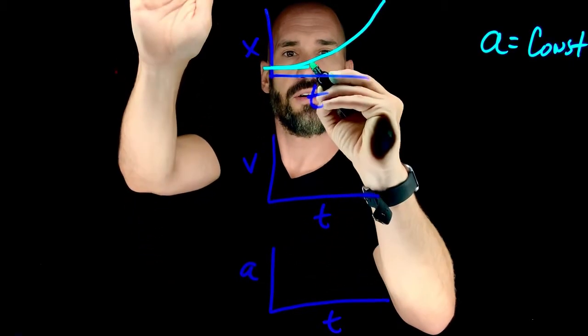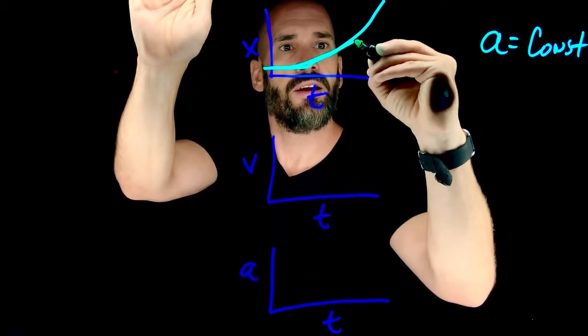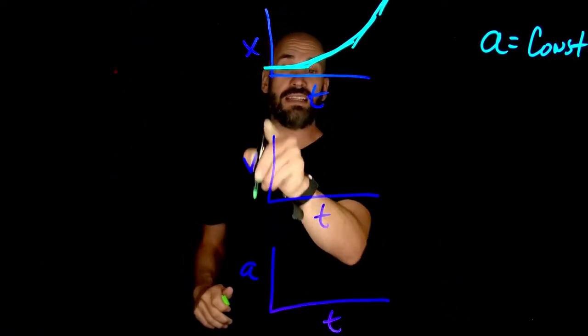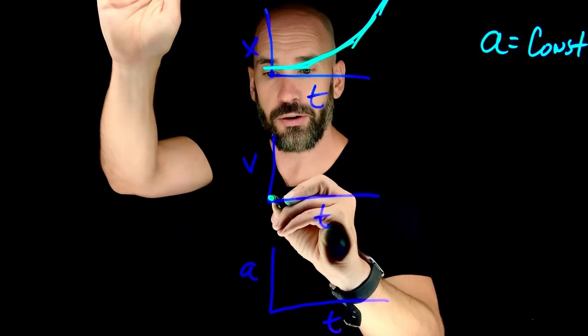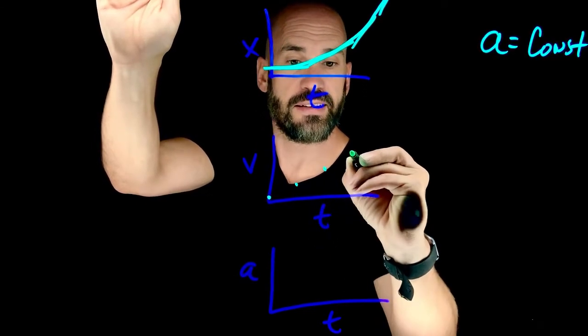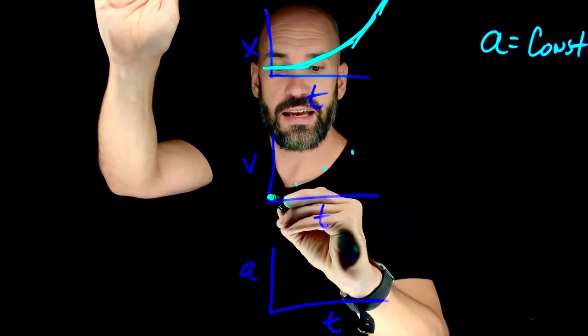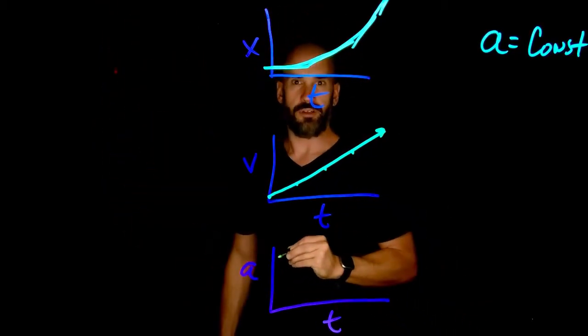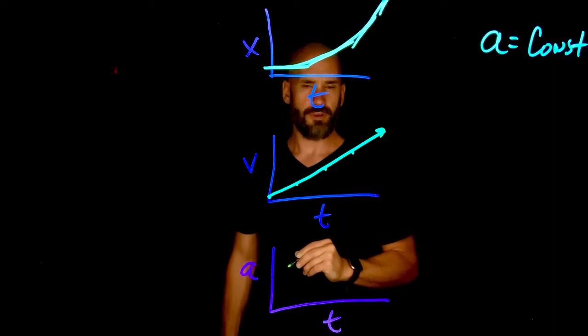Here, it gets a little bit bigger. Here, a little bit bigger. Here, a little bit bigger. So we should know that the velocity starts out almost zero, gets a little bit bigger, and a little bit bigger, and so you're going to get a nice, straight, linear line for the velocity versus time.